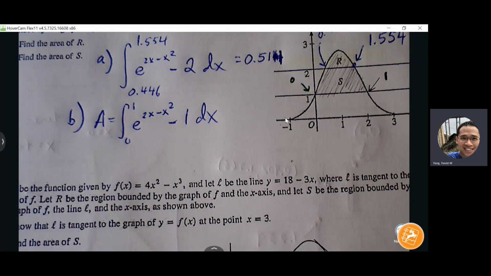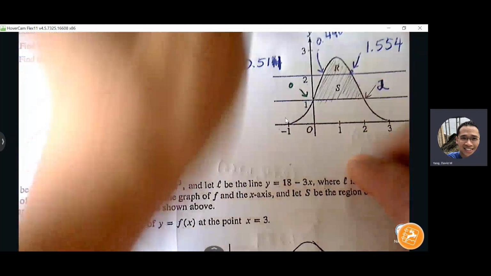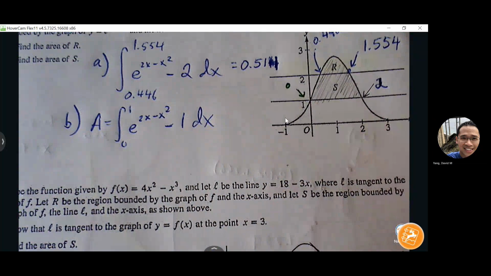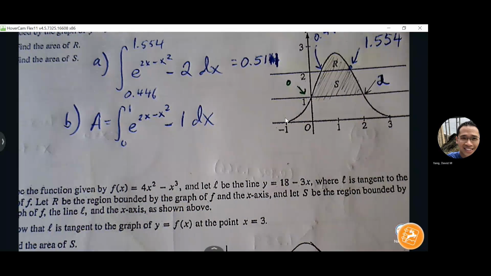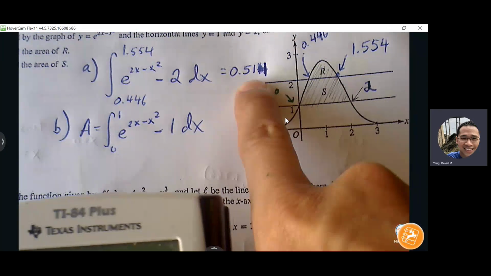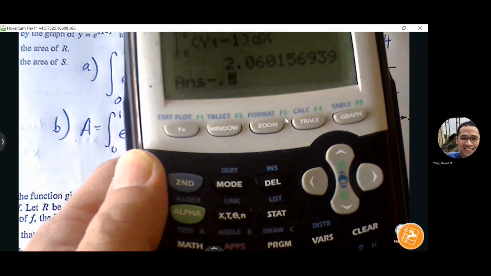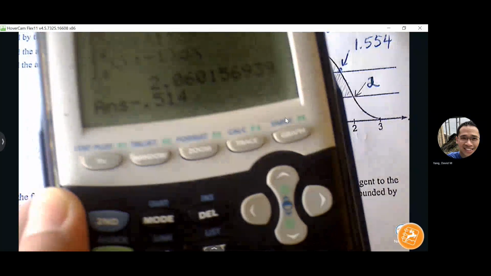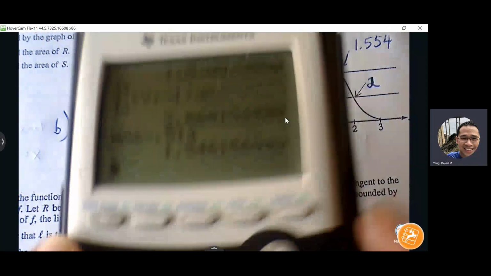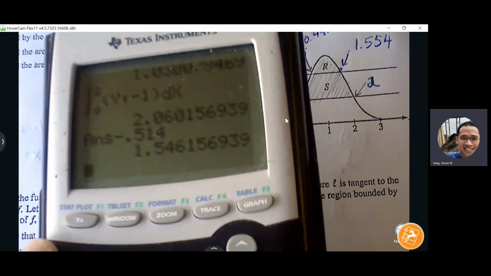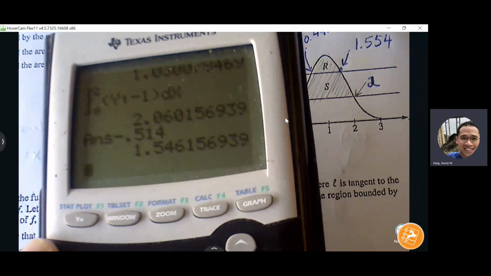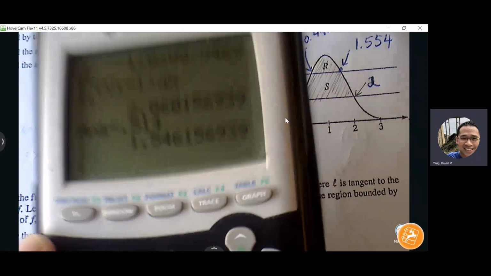I'm sorry, not 1, it's 2. I bet it's right at 2. Okay, so I got 2.0601. I can just subtract the answer from part A. Okay, so after I make that adjustment, subtracting that upper hill region, I have 1.546.